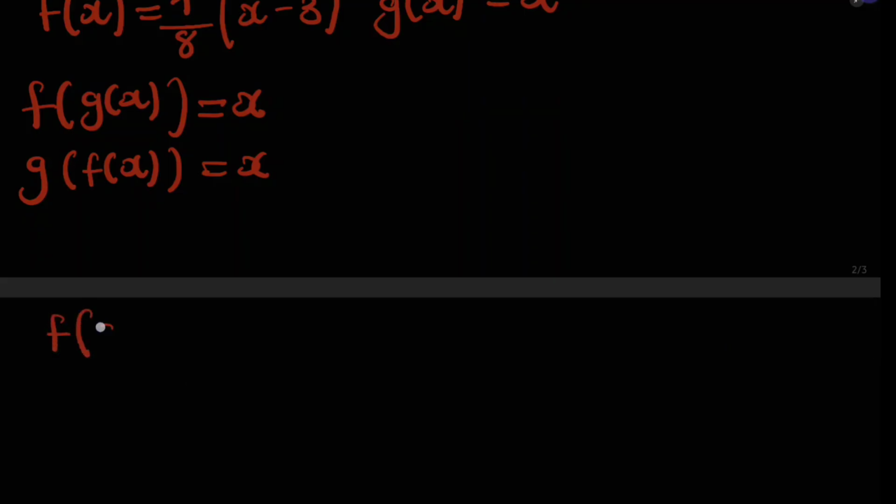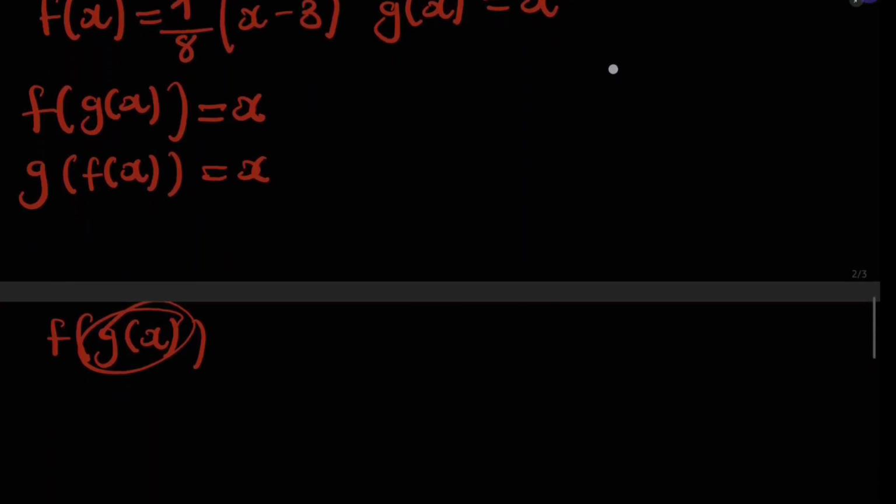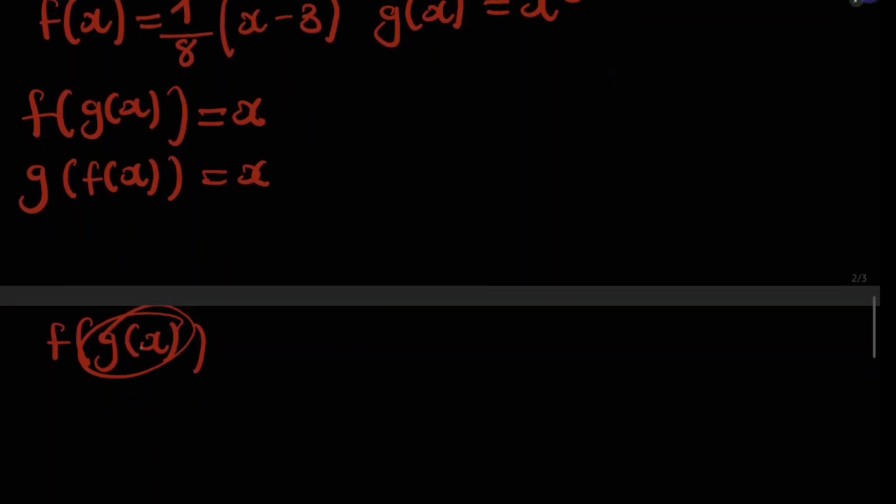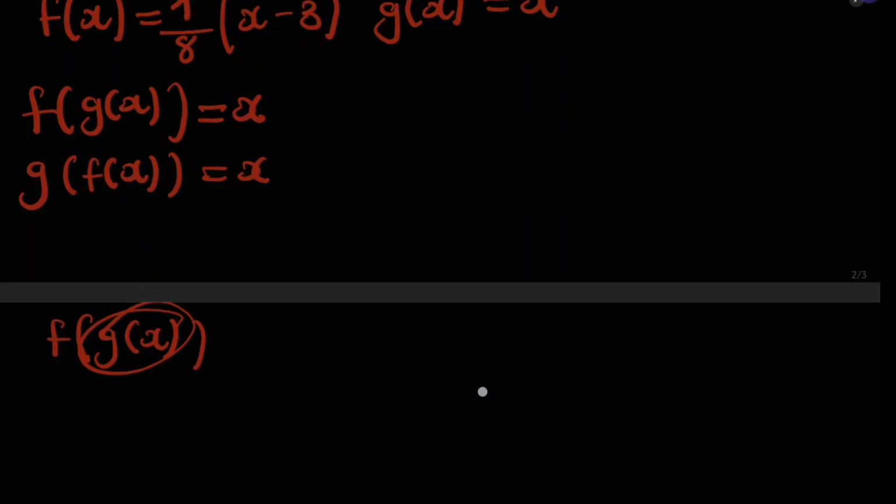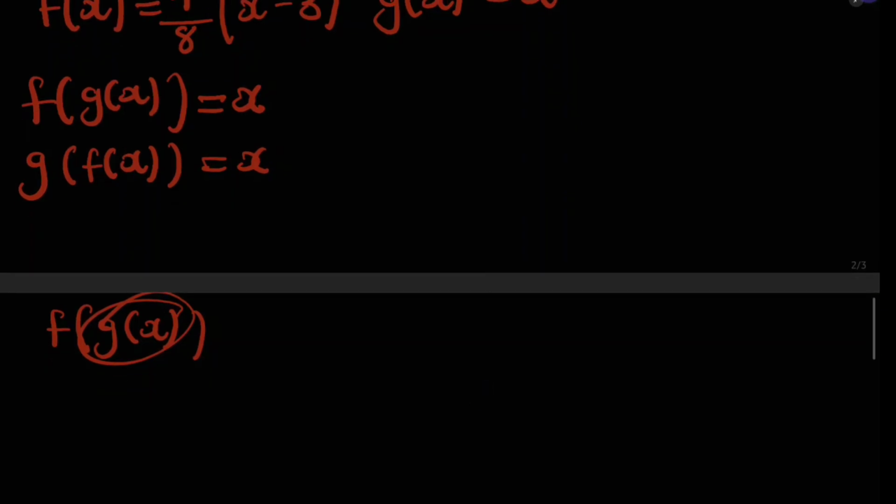So now let's have the first one. Let's have f of g of x. Remember, now we have g of x, which is x cubed, and so we are going to replace x with g of x in the f of x function. That sounds complicated, but it's very easy. So we are going to have 1 on 8 into x cubed minus 3.